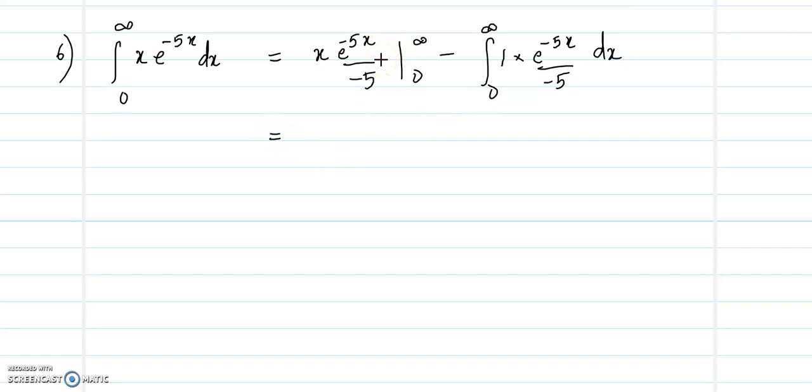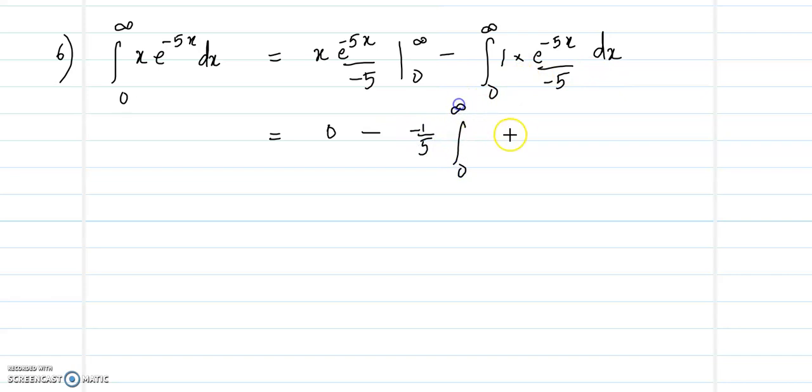Now applying the limit in the first term. In the first term we have e power minus infinity, so this will be infinity into e power minus infinity, so the first term becomes 0. Now at 0, x is equal to 0. So when we apply the limit for the first term, we will be getting 0 at both the ends. Then minus, again minus 1 by 5 will come out.